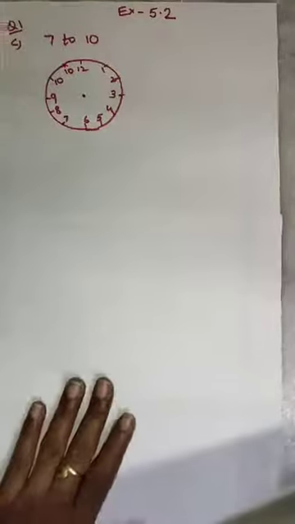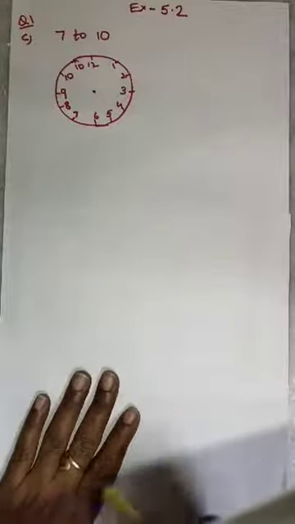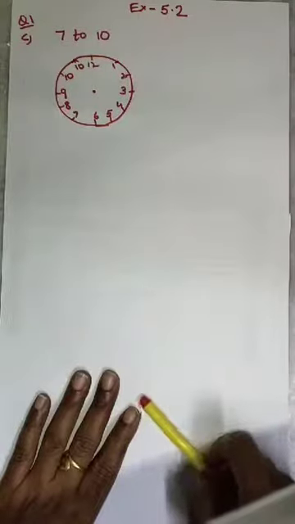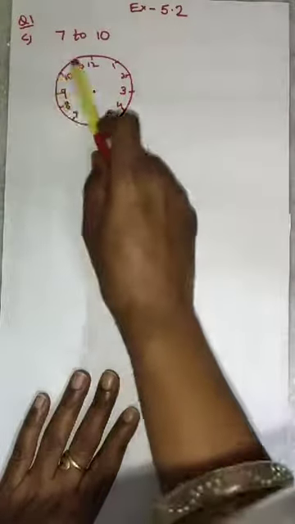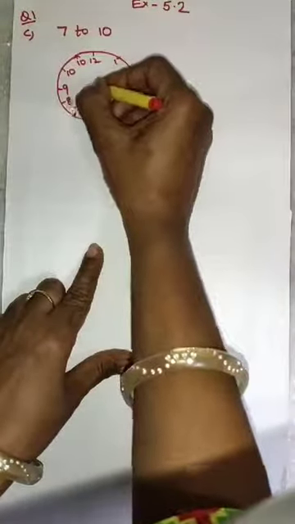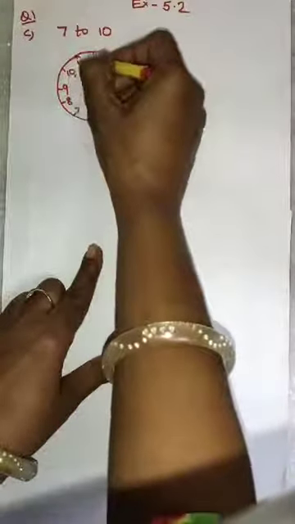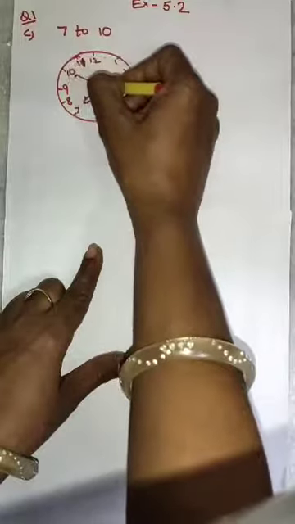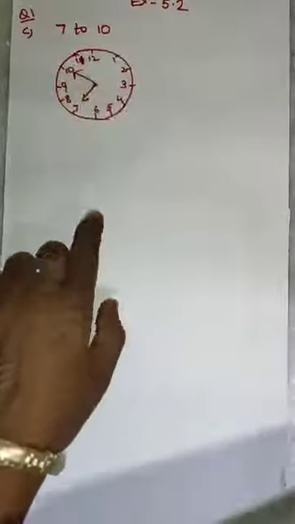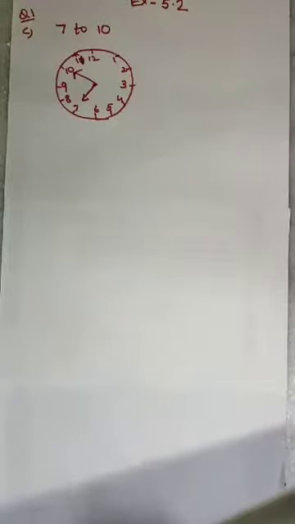Now see its C part. Now the hand of the clock moves from 7 to 10. Means it starts from 7 like this and reaches up to 10. Now see the gap between 7 and 10. How many numbers gap is there? 7 to 8, 1. 8 to 9, 2. 9 to 10, 3.